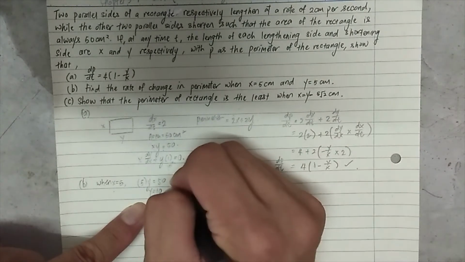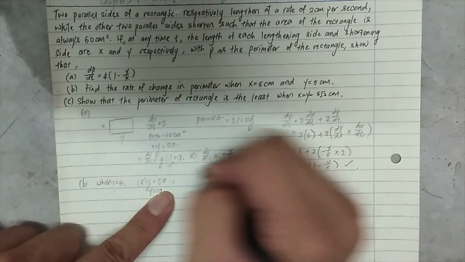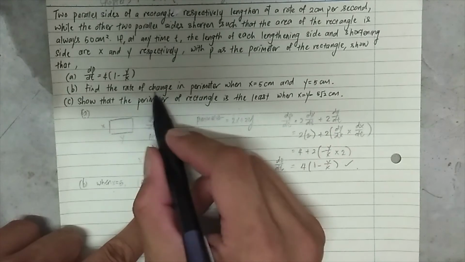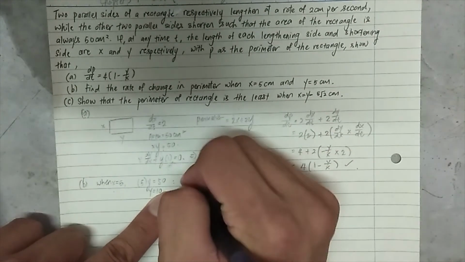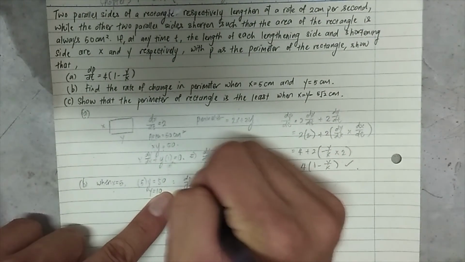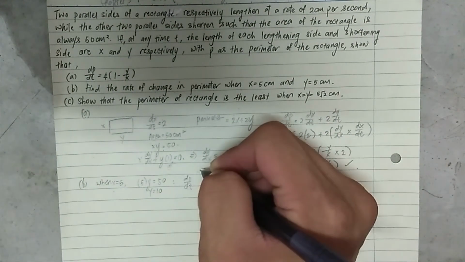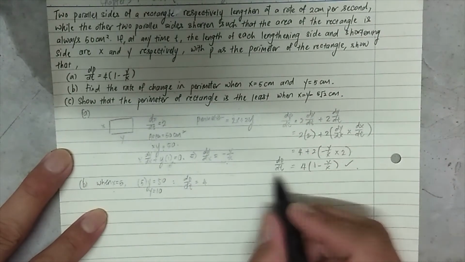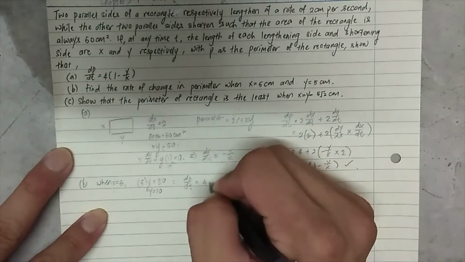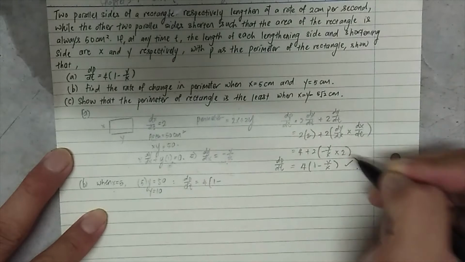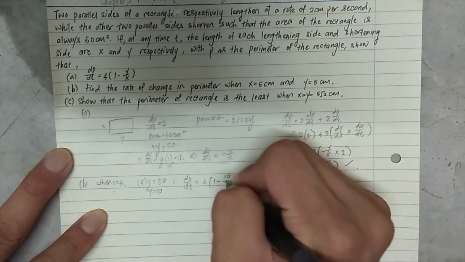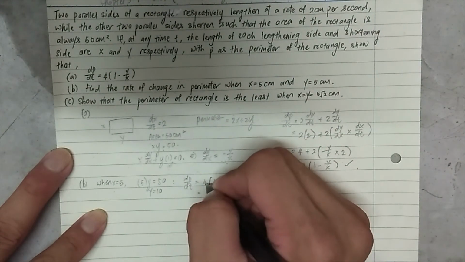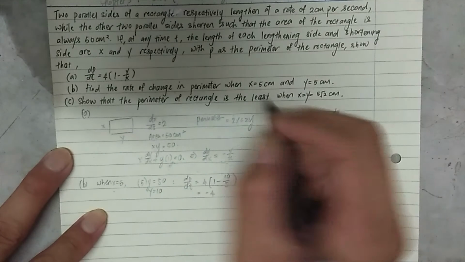Now if we substitute into dP/dt, because they want the rate of change in perimeter, dP/dt is 4(1 - 10/5), so it's basically 1 minus 2, and we get negative 4.